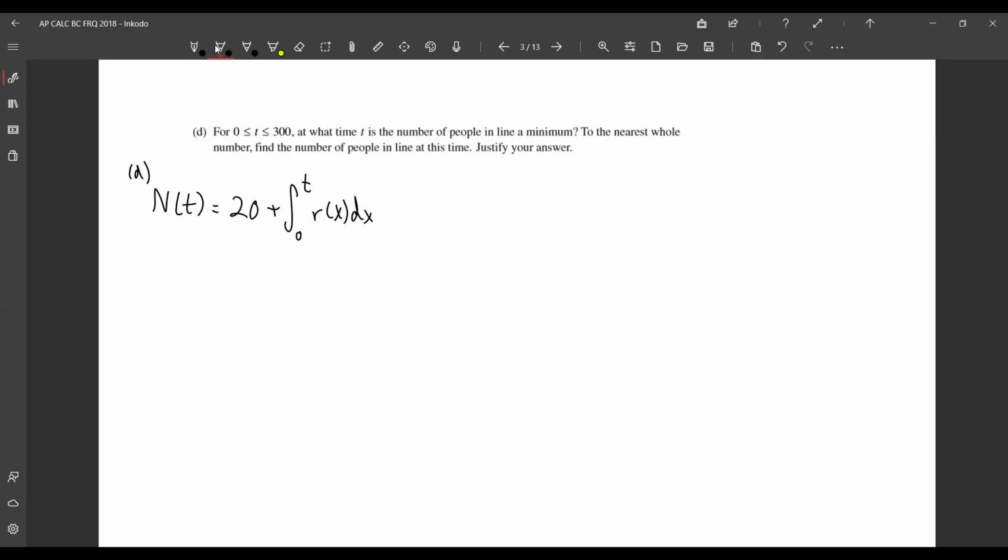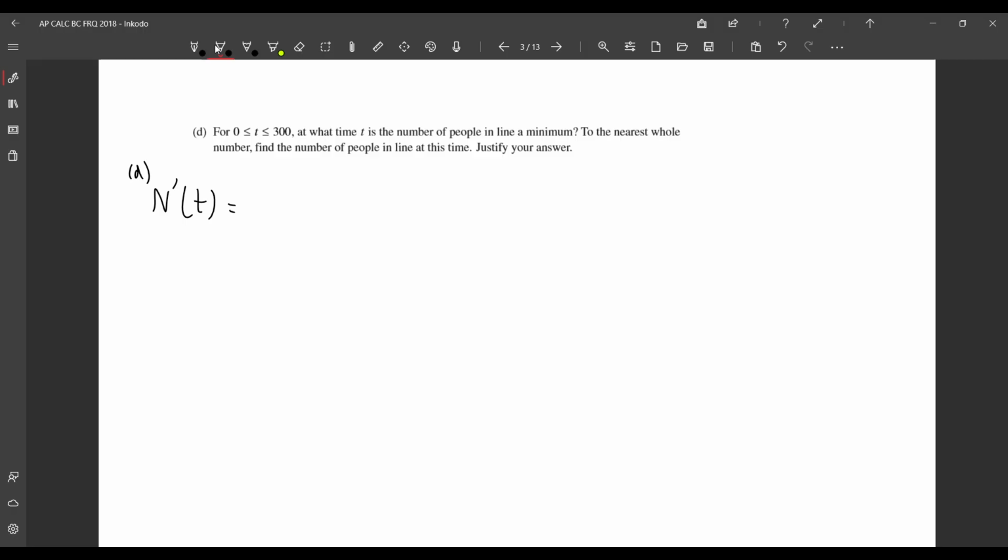I'm using a different variable here for the integral. Well, no. I think I have to set this up as a differential equation. So n prime of t, what's the rate of change? And then I would have to set that equal to 0.